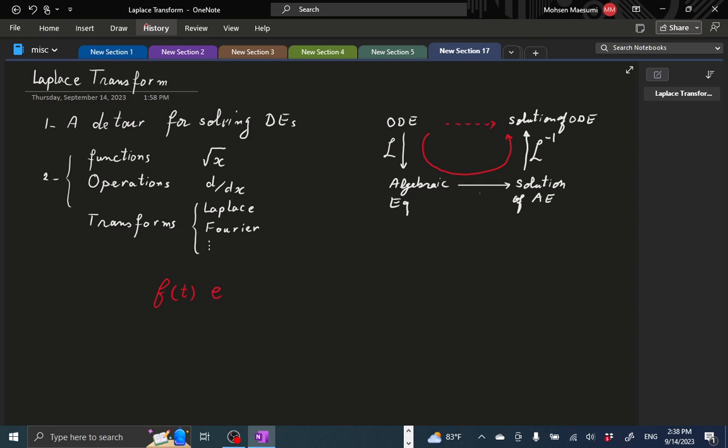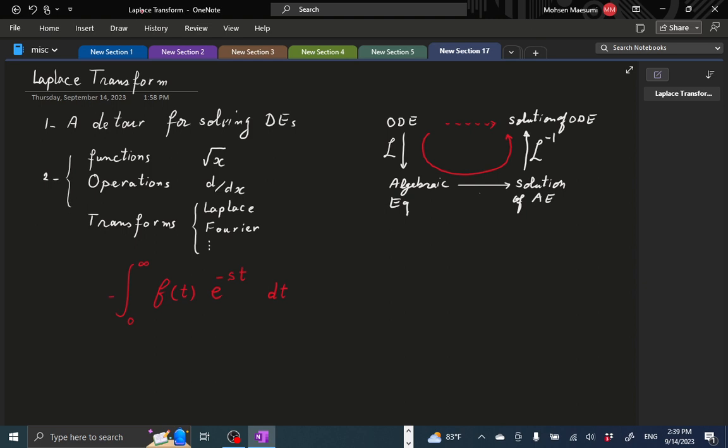The kernel for Laplace transform is exponential of minus st. So s is our new variable. We take this combination and integrate it over the domain from 0 to infinity with respect to the variable t. What comes out of this process is going to be some function of the variable s.